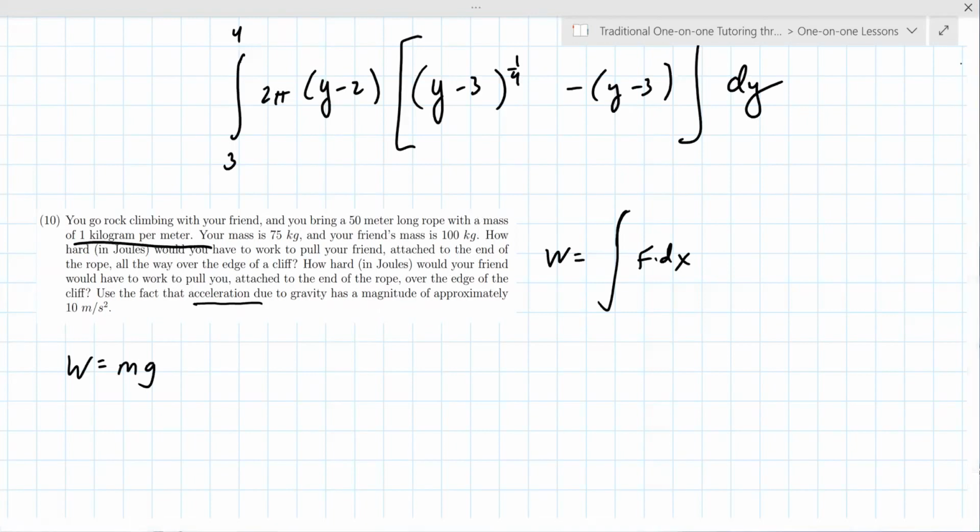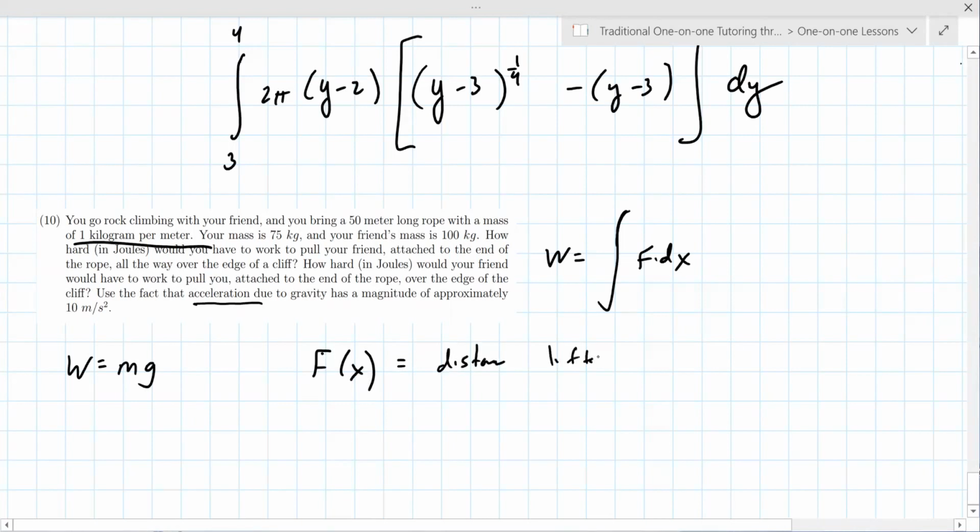All right, so the force in this problem is the distance lifted times the weight per foot of the cable, or weight per meter in this case.